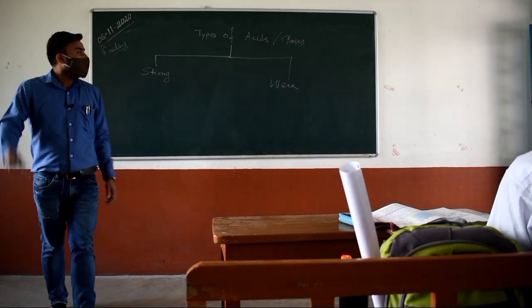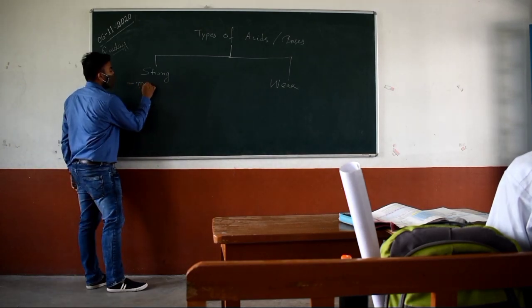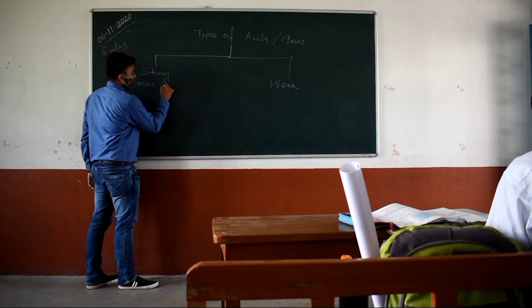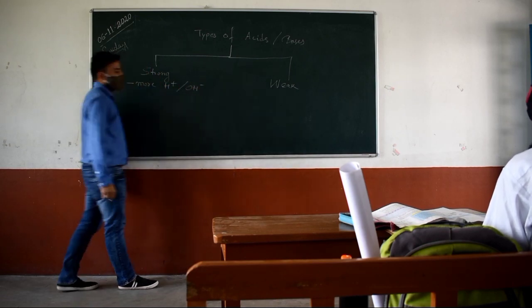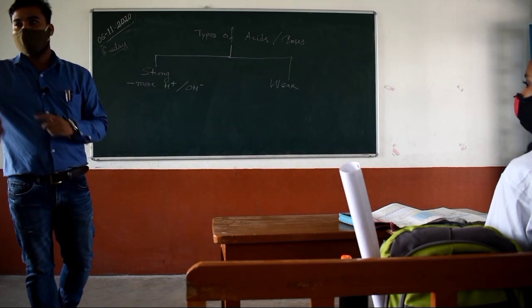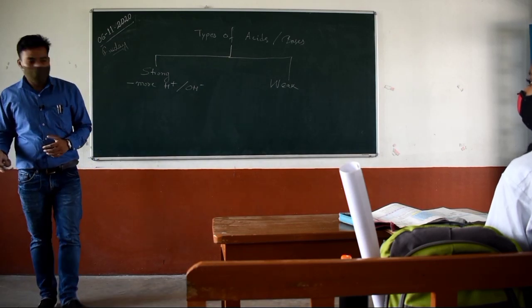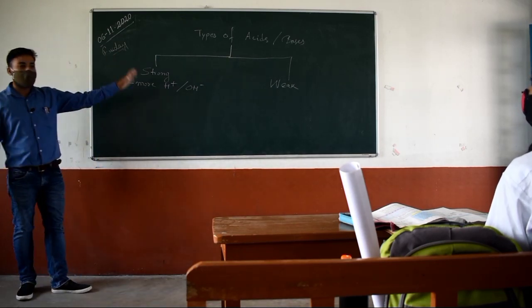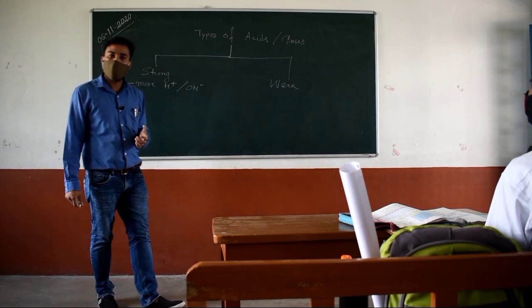If it is able to generate a larger number of H plus ions or OH minus ions, that means if the amount of OH minus or H plus ions released is in large numbers, large concentrations, then we can call such type of acid or base strong.